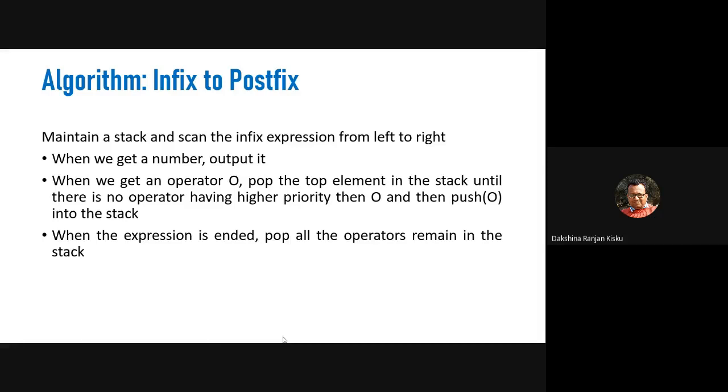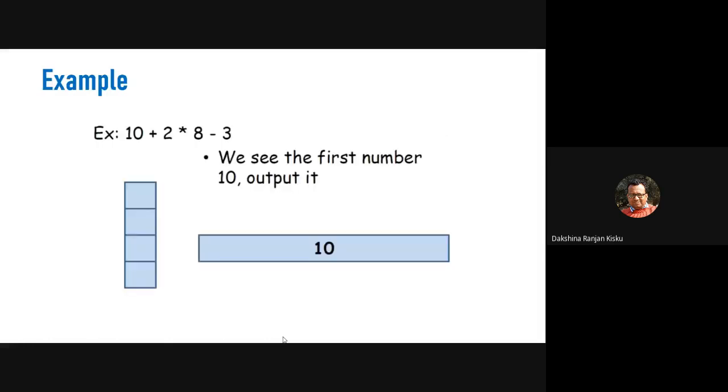And when the expression is found to be empty, we pop all the operators remaining in the stack. So this is the overview of the algorithm that converts an infix expression to a postfix expression.